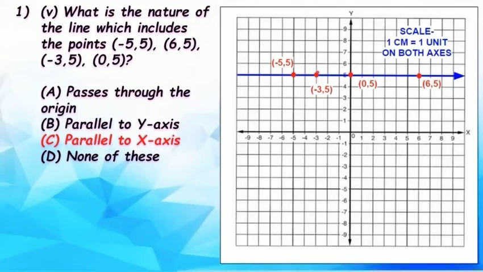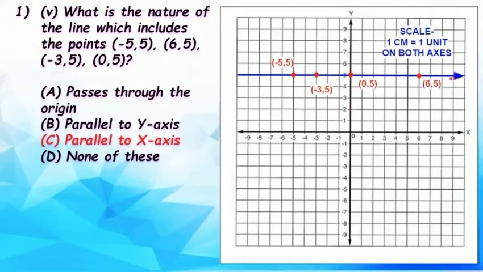Lastly, the x coordinate here is 0 and the y coordinate is 5. On the x-axis we locate 0, which is here. On the y-axis we locate 5, which is here. This point lies on the y-axis since the x coordinate is 0. Now, after plotting all the 4 points, we draw a line which passes through all these 4 points.